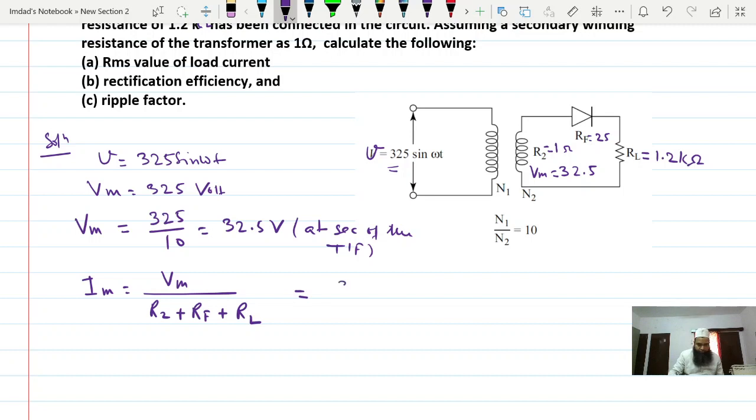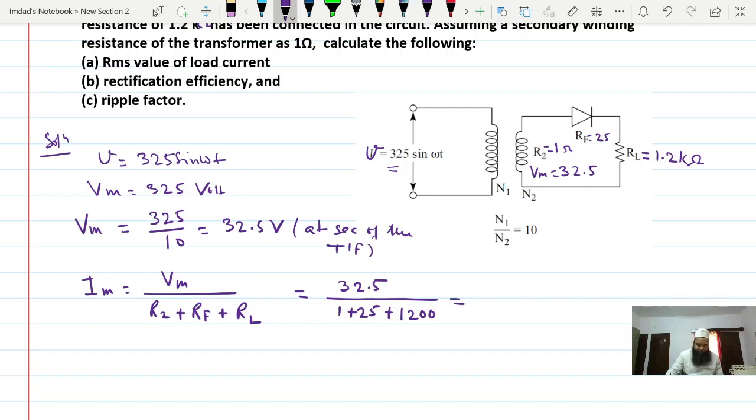Vm equal to 32.5 upon R2 1 ohm, Rf 25 ohm plus RL 1.2 into 1000, 1200 ohm.